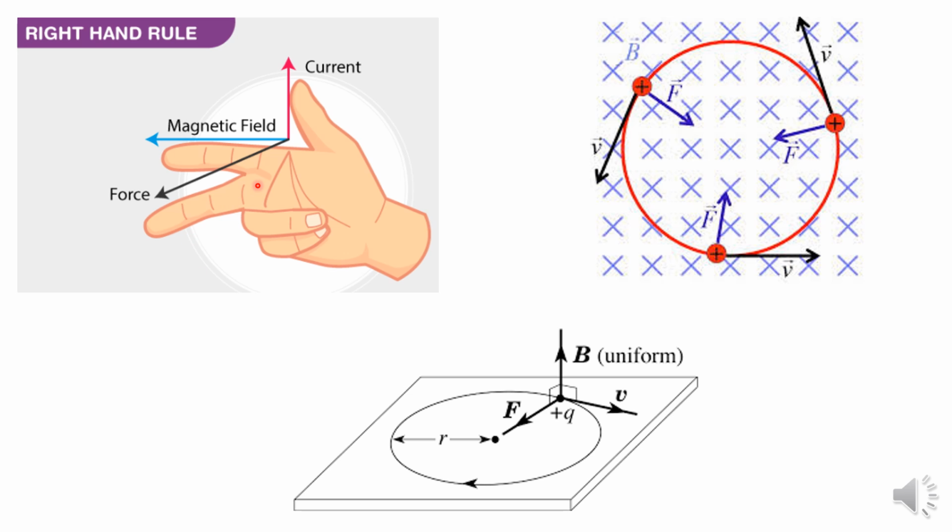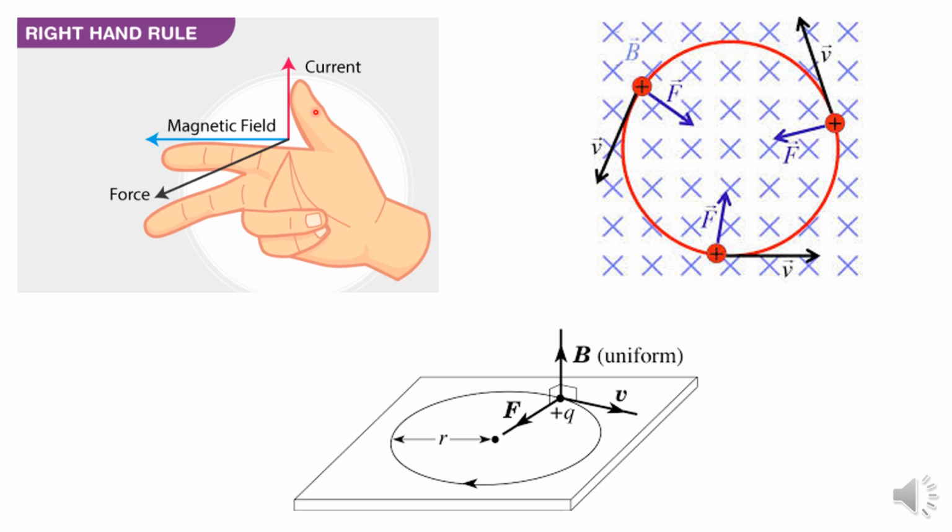According to Fleming's right hand rule, you stretch the first three fingers of the right hand mutually perpendicular to each other, and you place your fourth finger in the direction of the magnetic field, and you place your thumb in the direction of the current.